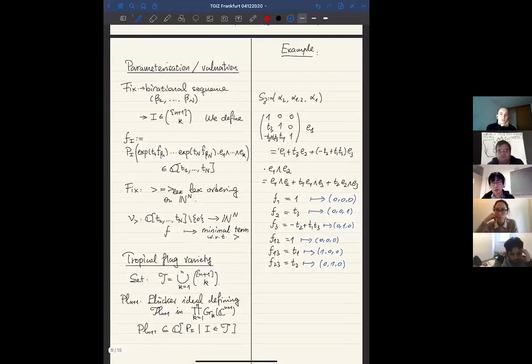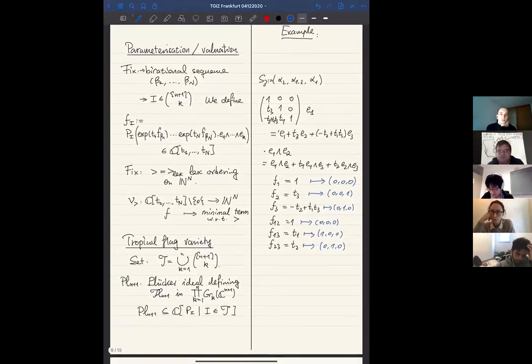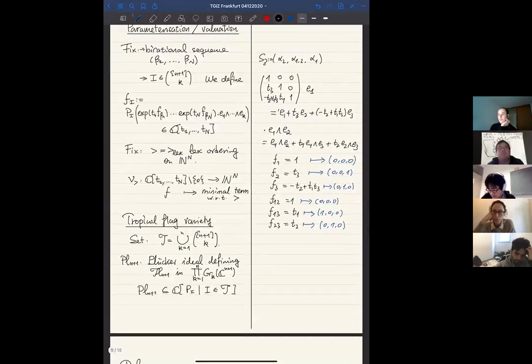I think all of you know that, but still, it's always nice to recall it, as I'm not really a tropical expert at all. Okay, so let me take the curly T as the union of all possible Plücker index of Plücker coordinates. And then I will denote by PL n plus 1 the Plücker ideal defining my flag variety in the product of, okay, here I should be a little bit careful.